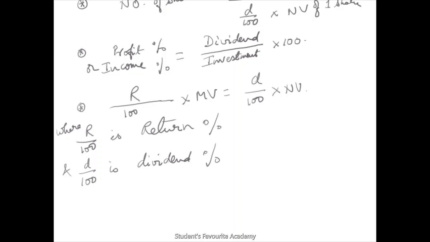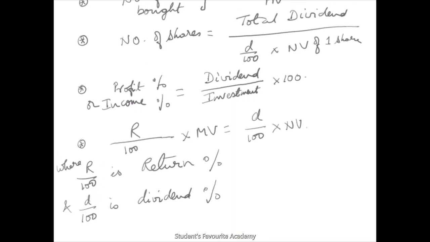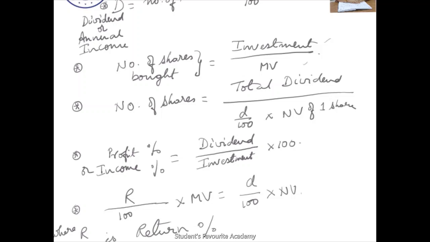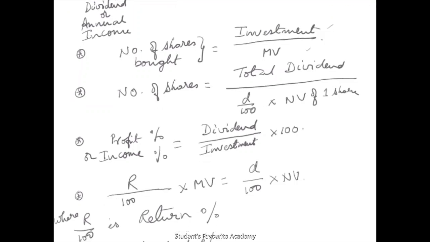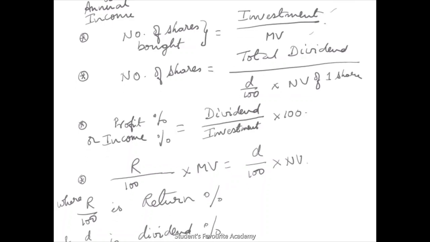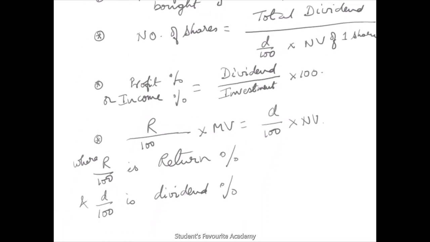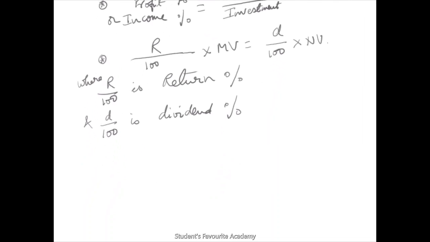Return percent and dividend percent. This is another formula that you learned. I think these are the formulae that you have learnt, right? Now, let us start solving some questions.